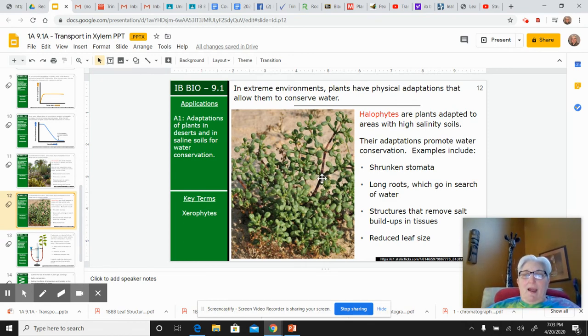It's going to pull the water out. Longer roots, so that those roots, the tentacles of the roots, can go out in search of water. They'll have structures within their tissue that are going to be able to take salt out of the plant. And we see very small leaf size, so that the leaf is not transpiring as much.